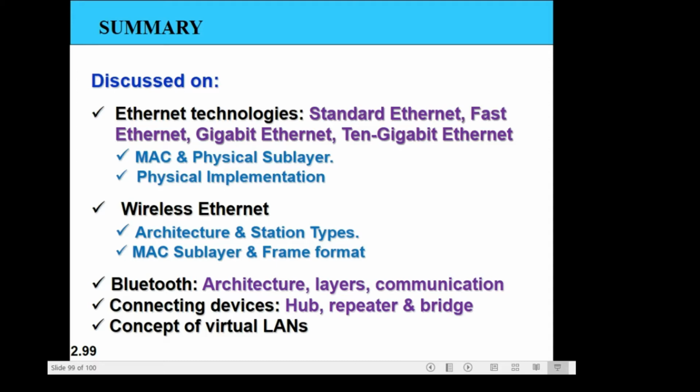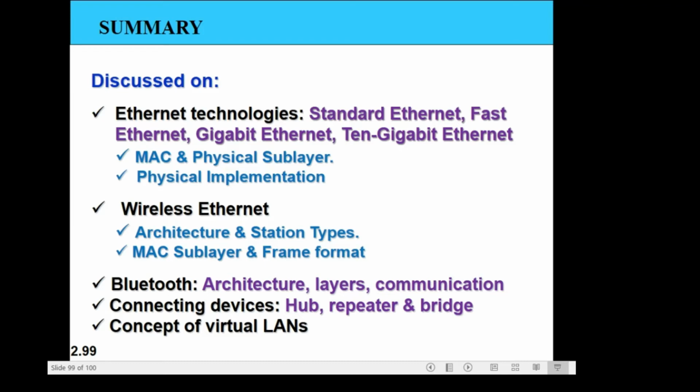Under the wireless Ethernet, you should know the architecture and the station types, ESS, BSS, the MAC sublayer, and the frame format. Under the Bluetooth, you should know the architecture, Scatternet, Piconet, and the layers under the Bluetooth and how they communicate, using hop to hop, single secondary station, multiple secondary stations. You should know that part.